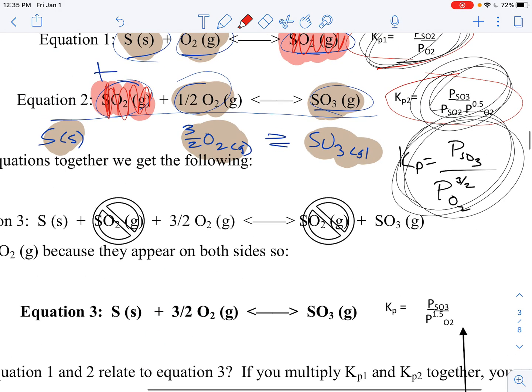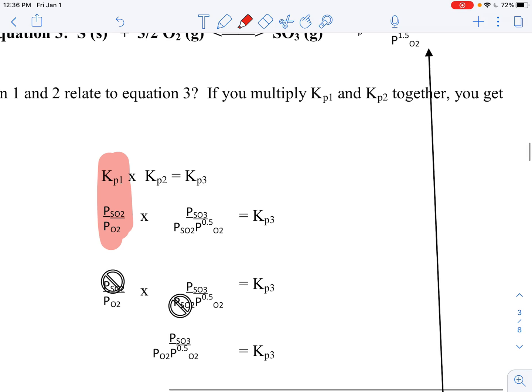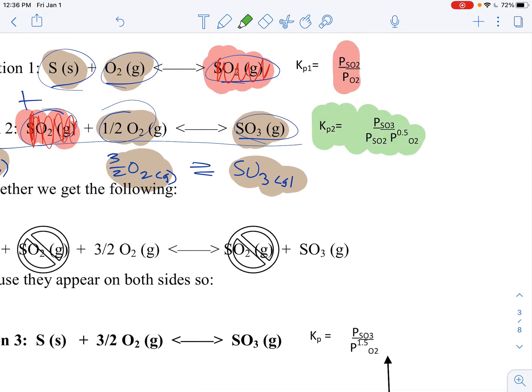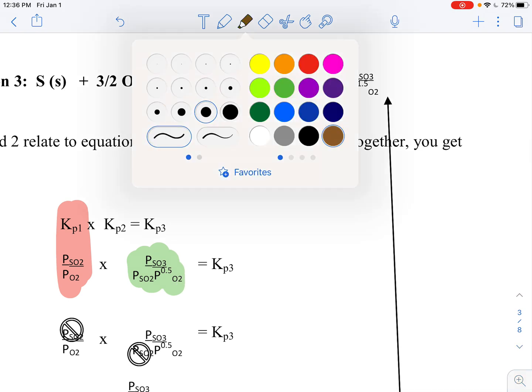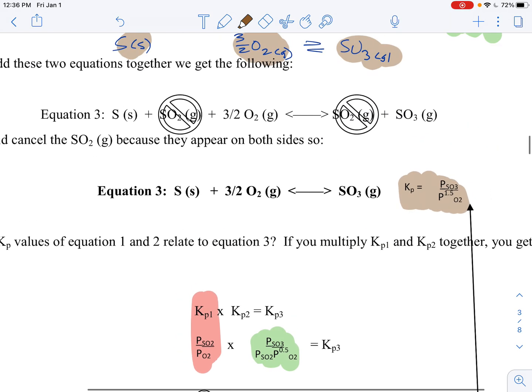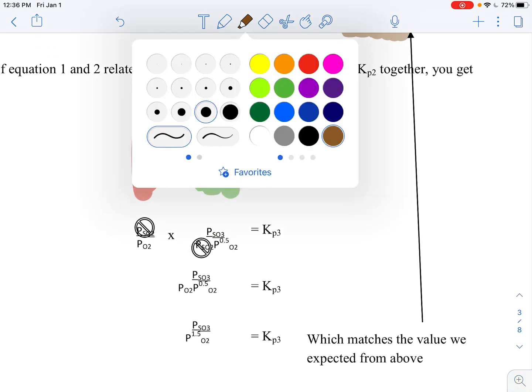So if you take the KP1, which is this guy, the SO2 divided by the O2, and you multiply it by the KP2, which is this guy, specifically this part here, that's going to get you the KP3, which is what happens when they all get added in together.